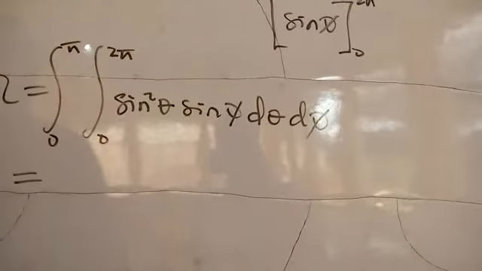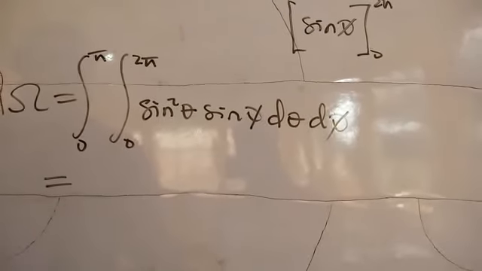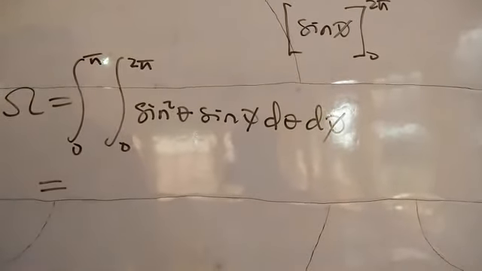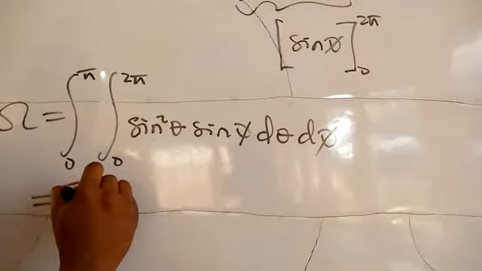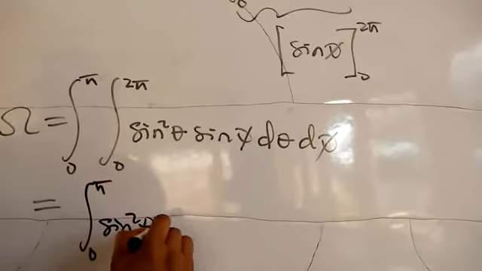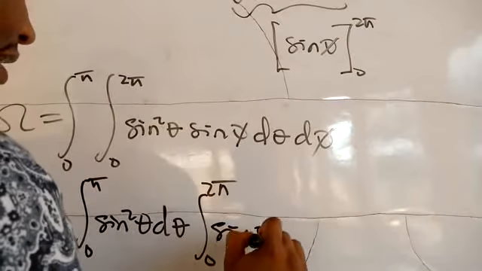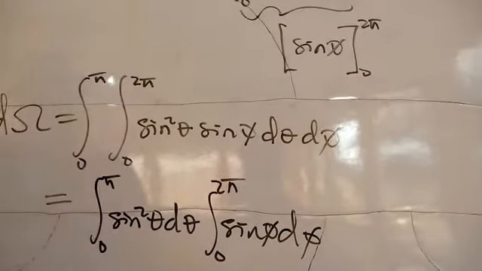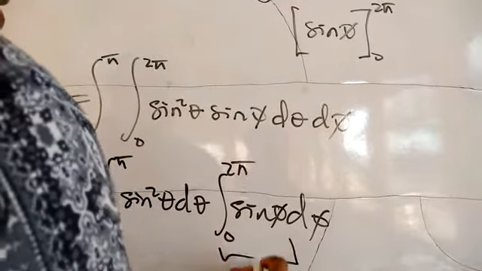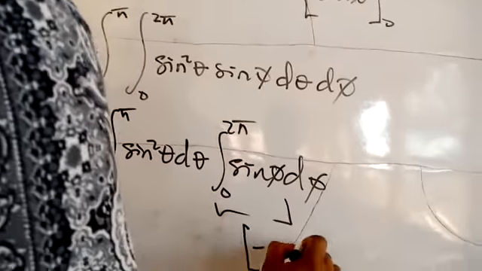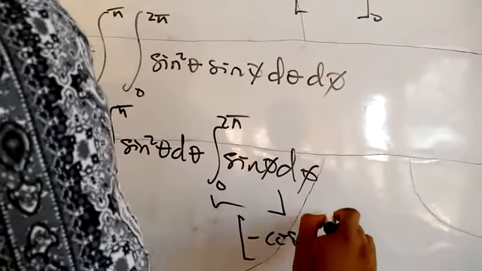Factoring again, just like I did before, I get 0 to pi of sine squared theta d theta, 0 to 2 pi of sine phi d phi, and just like we did before, this is going to be minus cos phi, 0 to 2 pi.